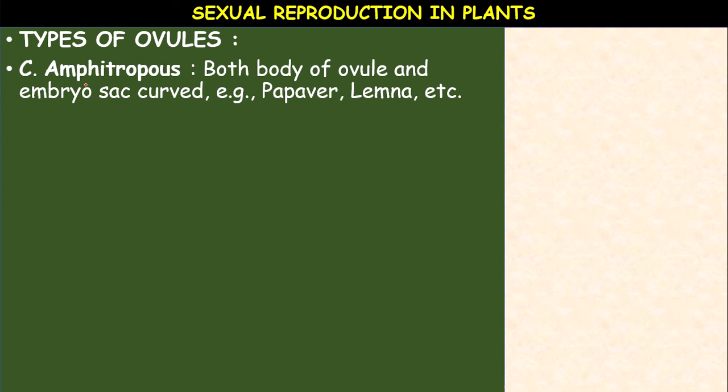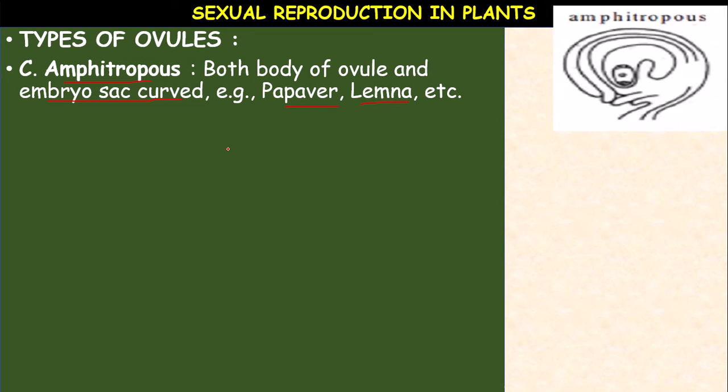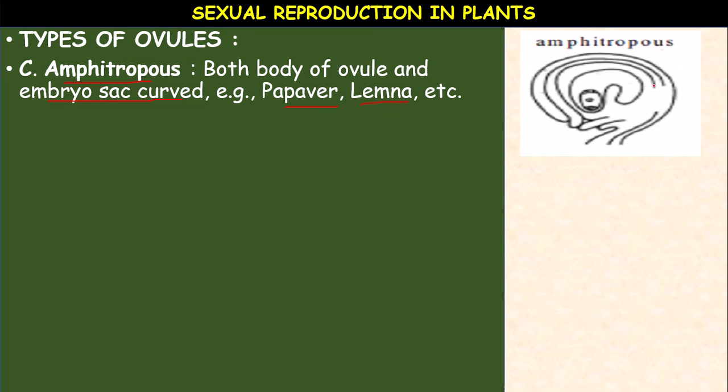Next type, the amphitropous ovule. In the amphitropous ovule, both the body of the ovule and the embryo sac are curved. Examples, Papaver and Lemna. So, this is the amphitropous, both are curved.